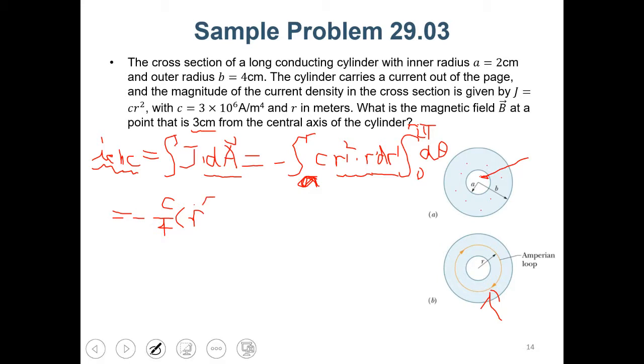So here it should be r to the 4th power minus a to the 4th power. For this one it should be 2 pi. So we cancel the 2, and it will be something like pi over 2 C times r to the 4th minus a to the 4th.